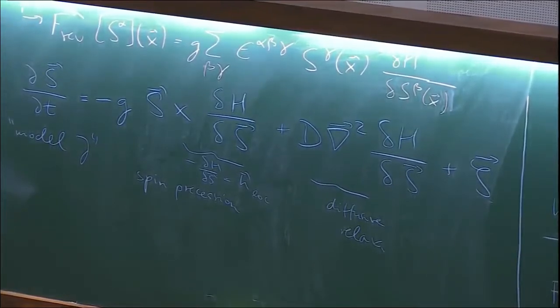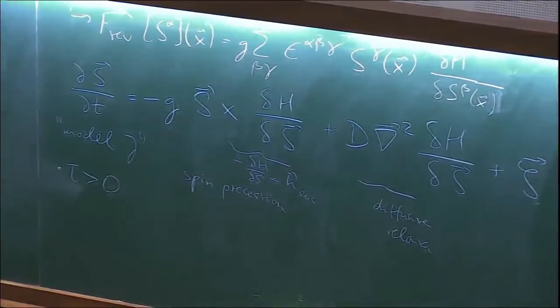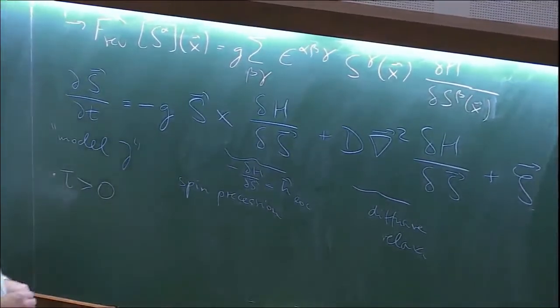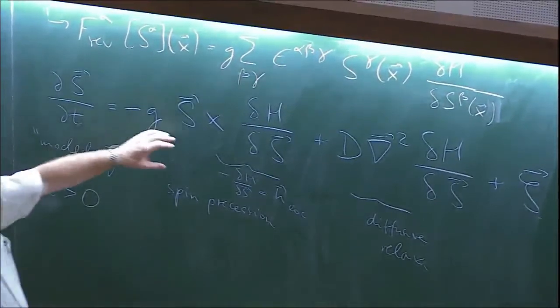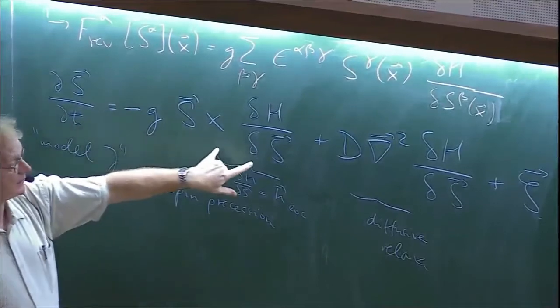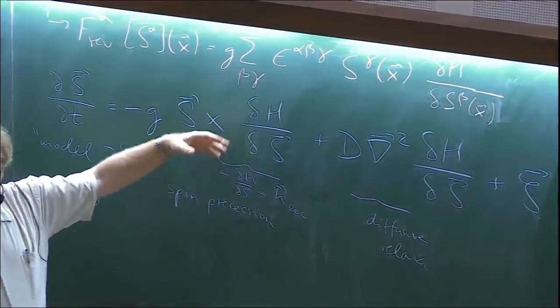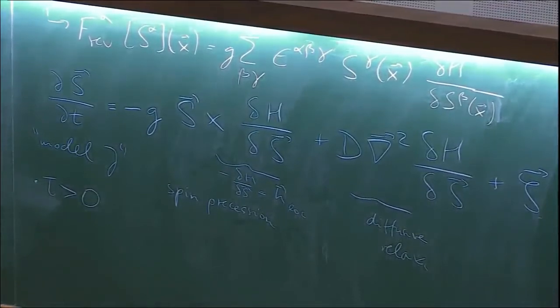Okay. So we can look at this thing in the high temperature paramagnetic phase. Really this S cross dH by ds, if I write this out, will have nonlinear terms. So always S cross at least S, dH by ds starts at S. Actually, let me write it out.